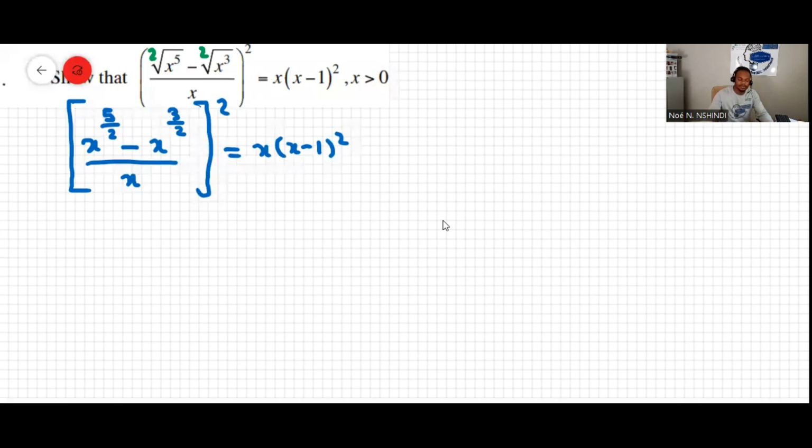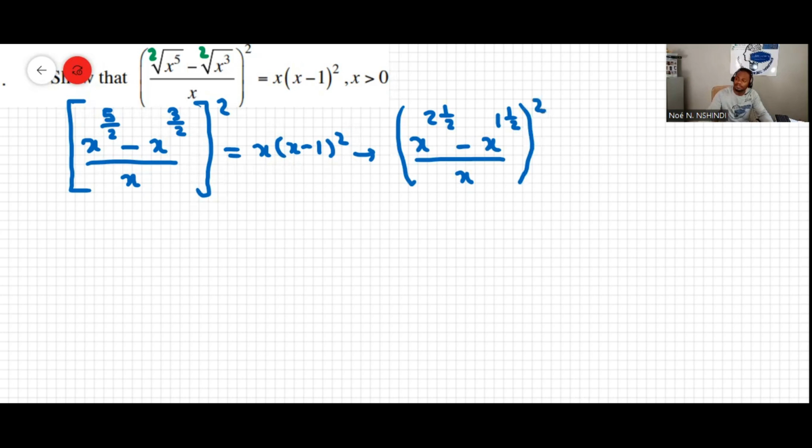I can rewrite 5 over 2 as 2.5, and 3 over 2 is also 1.5, and all is over x raised to the power of 2.